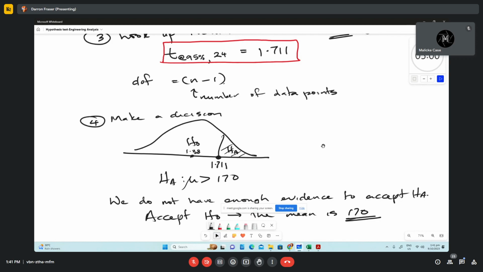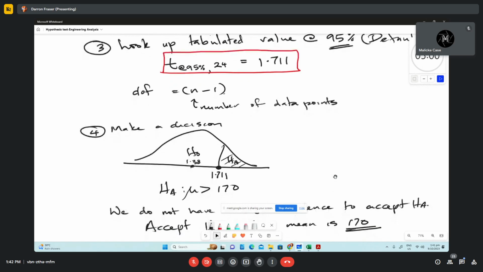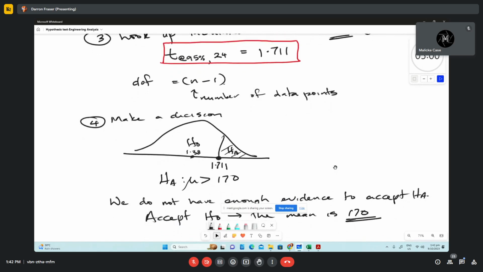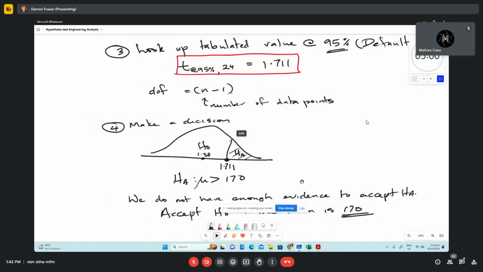Third, we have to look up the critical value. And fourth, based on the calculated value and the critical value, we have to make a decision as to whether we accept or reject. So, any questions on that?